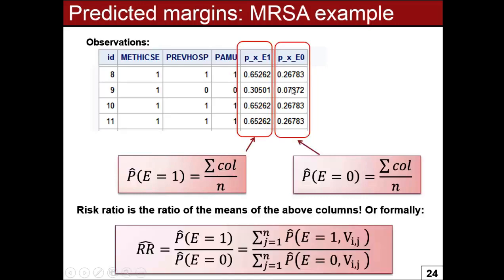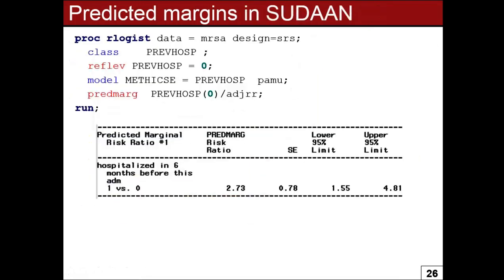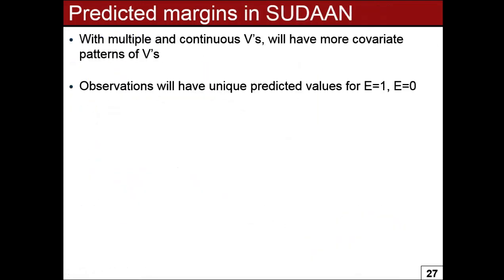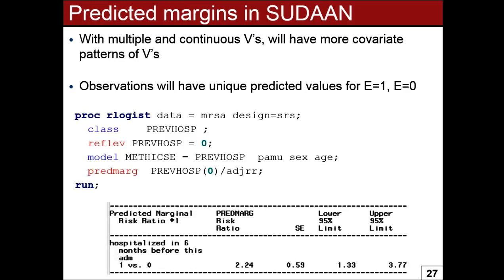But as things get more complicated, we add more V variables. We have more covariate patterns that involve the V's. And we're going to get unique intersections and predictions for every row. And the predicted margins method deals with that. It computes for all the people, however they come to you, with all their V's and whatever that means. It predicts all of their risks and takes the average at the end. So I think that's very cool. It comes up with a way of naturally just using the data that you have to compute the risk ratio.